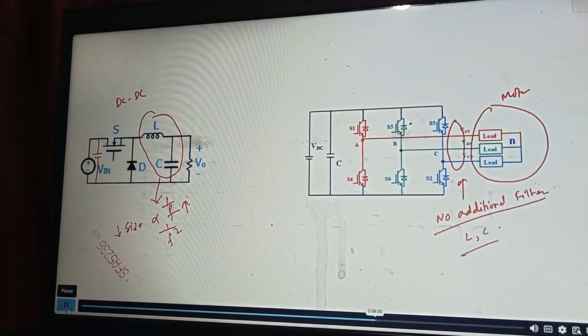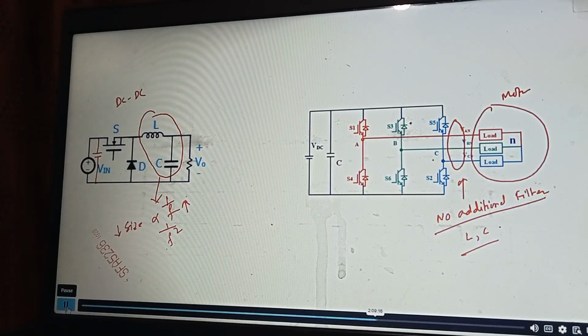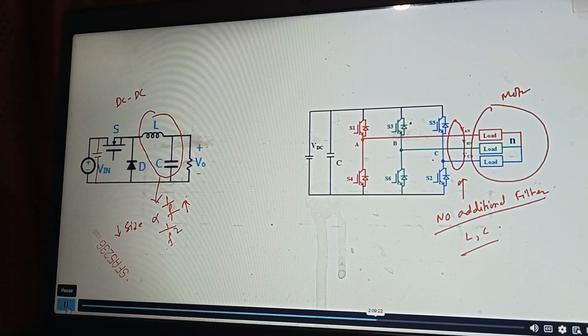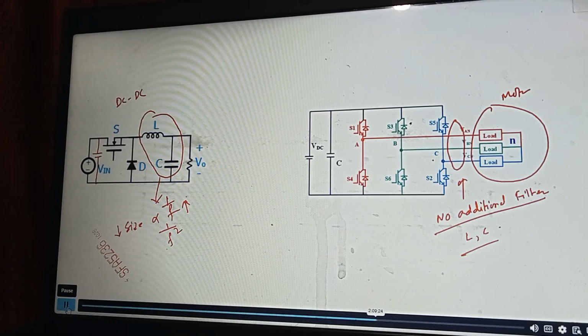No additional LC. I hope you can see the difference, right? So that's why there is not much benefit of going to a much higher switching frequency, because there is no additional LC filter at the output side. So the size benefit for going to higher switching frequency is not that severe, right?